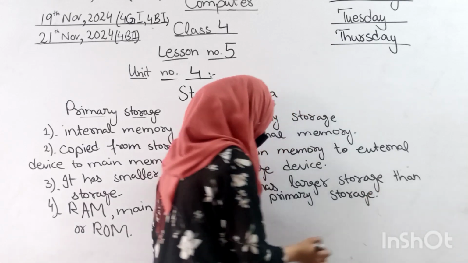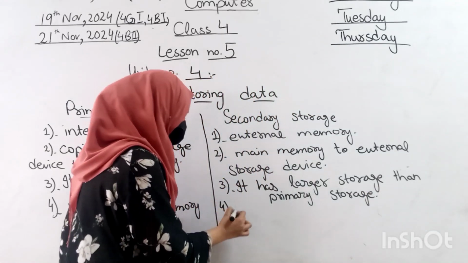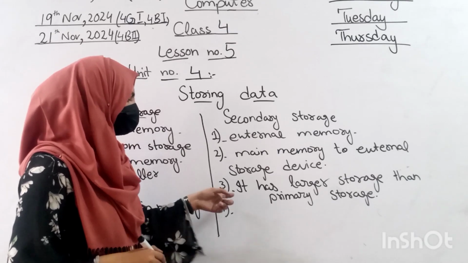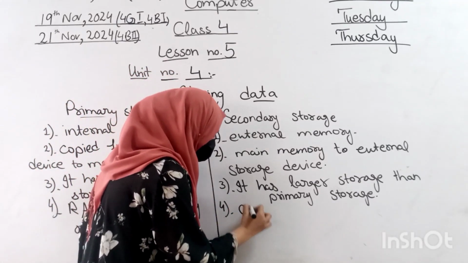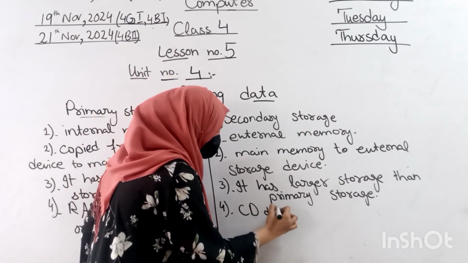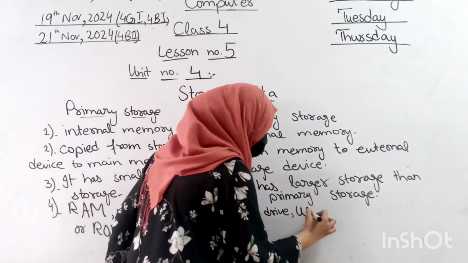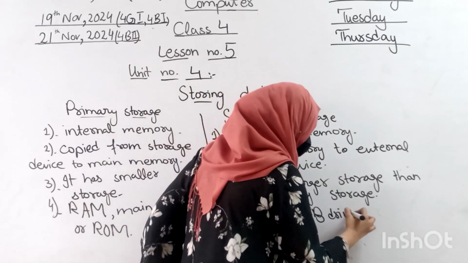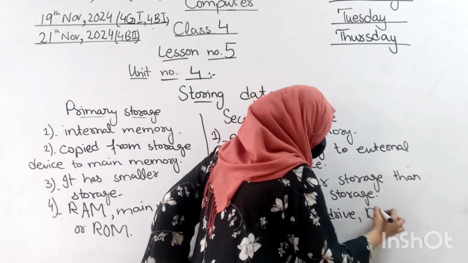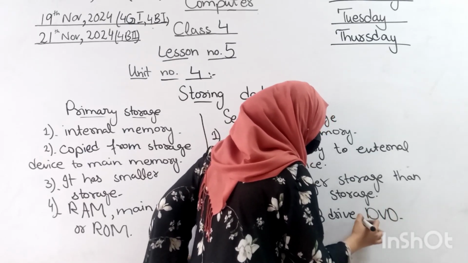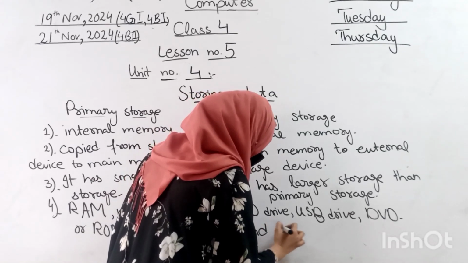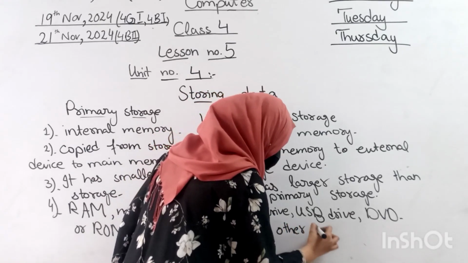And now you will tell me the examples of secondary storage. Yes, Navya, very good. So the examples are CD drive, USB drive, and DVD, and also other devices.